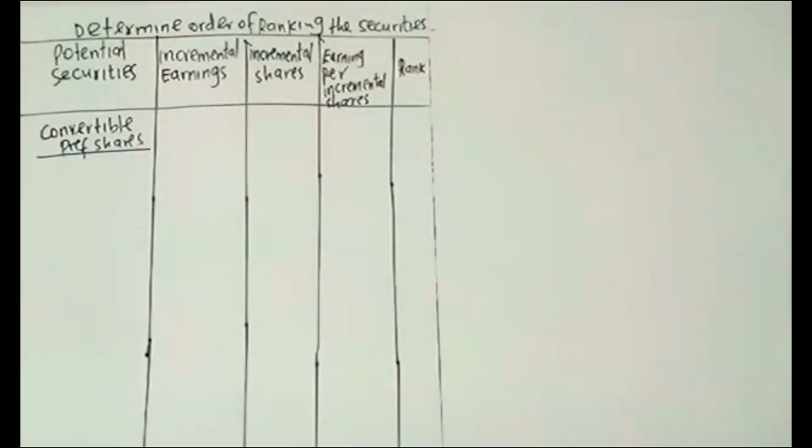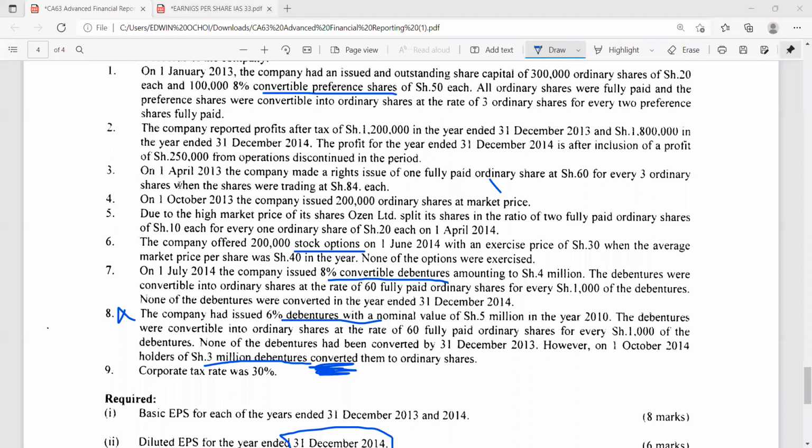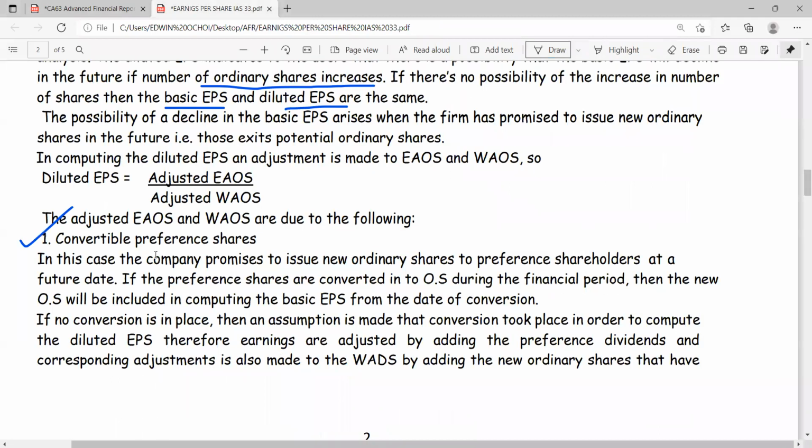So what am I supposed to do under the convertible preference shares? Going back to my notes, I said that I would come to express more about these notes. Remember that under the convertible preference shares, in this case, the company promises to issue new ordinary shares to preference shareholders at a future date.